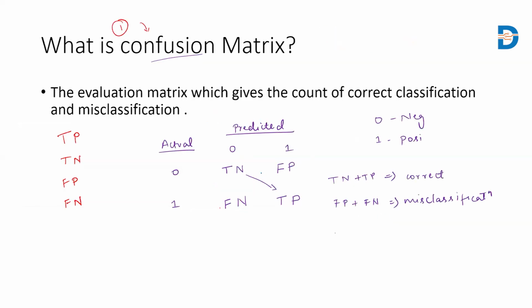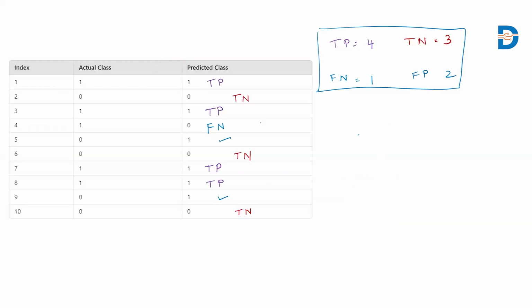So it will be a replica of this. It will have true negative, true positive, false positives, and false negatives. If you combine the records here, true negative is 3, false positive is 2, false negative is 1, true positive is 4.